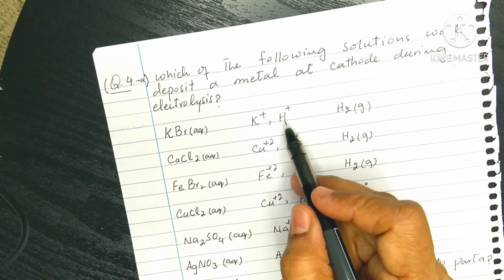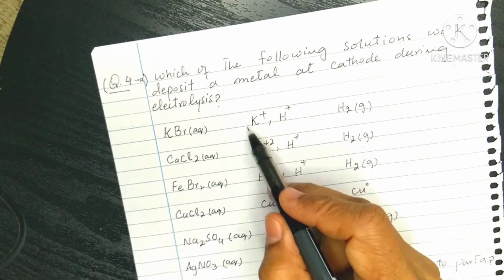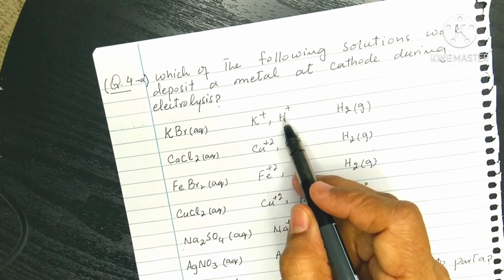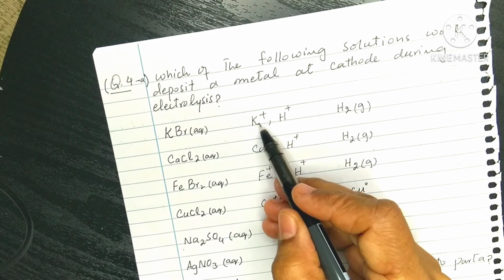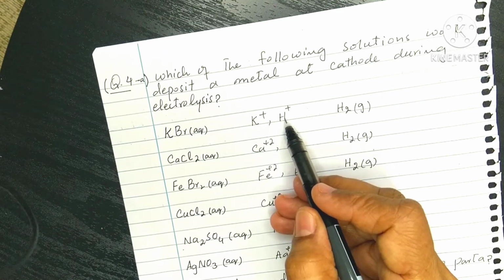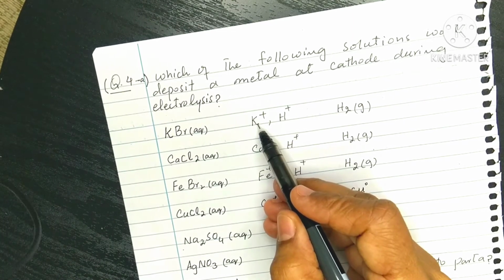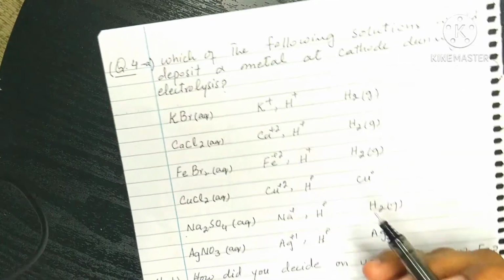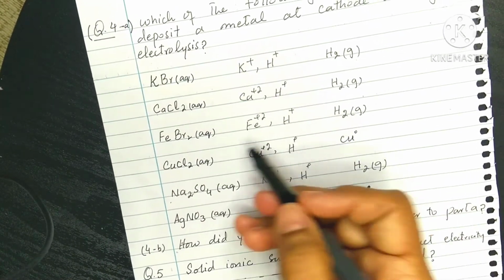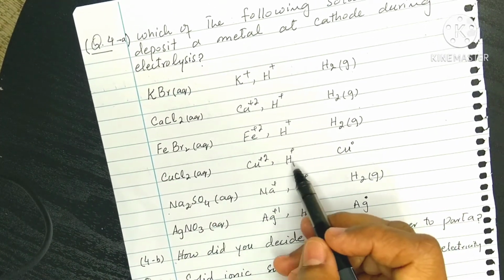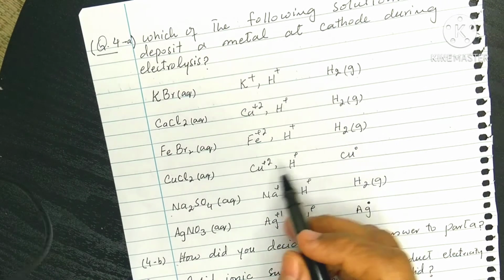Both are present at the cathode, and there is competition between these two positive ions. Hydrogen is less reactive as compared to potassium, so hydrogen gas will release at the cathode and potassium ions will remain in the solution. For example, in the other case here, copper and hydrogen.